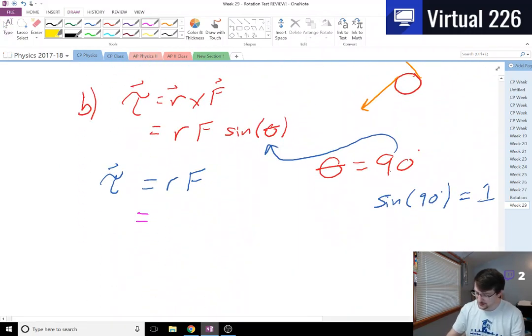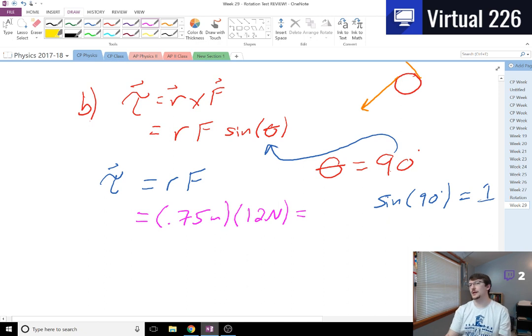If we take those values for the R of 0.75 meters, multiply it by a force of 12 newtons, 3/4 times 12, well, the 12 and the 4 are going to reduce, and in the end we get a value of 9 newton meters.